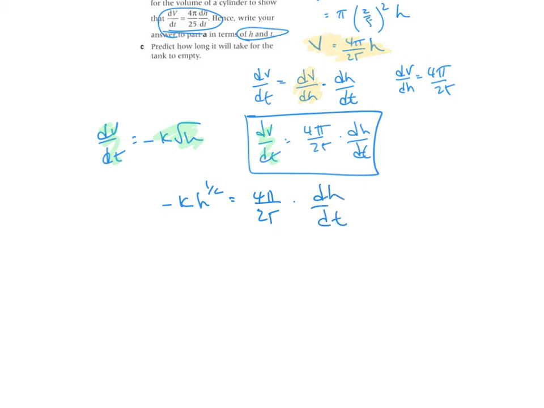And I'm looking for an equation that involves h and t. Well, I have to separate my variables. So negative k times 25 over 4 pi times dt is equal to h to the negative 1/2 dh, and of course I'm going to integrate both of them, so that's proper.